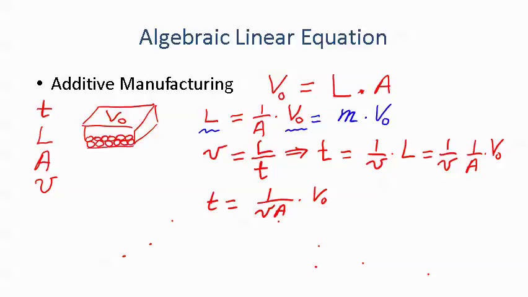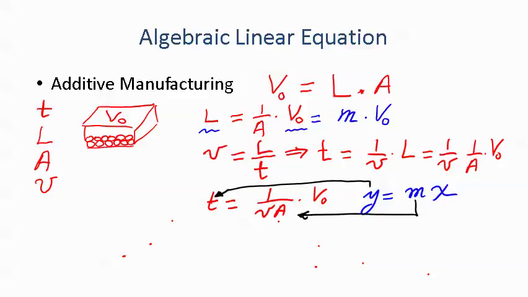So we recognize here, if I write the standard form of the linear equation, we recognize that the time is the dependent variable, the slope is 1 over the velocity times the area, and then the independent variable x is the volume.